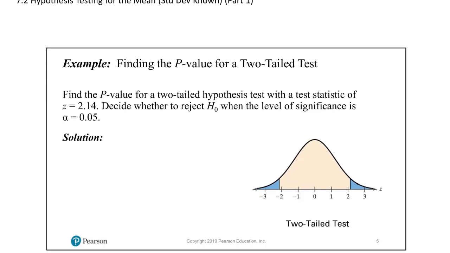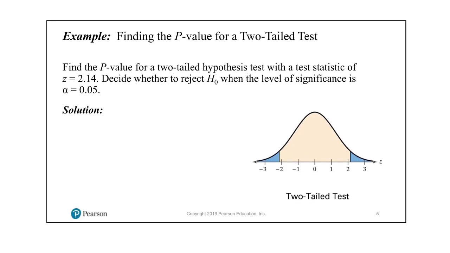Let's do another one. Okay, how about a two-tailed? Find the p-value for the two-tailed test when using z equals 2.14 and decide what to do. Make a decision. All right, so they're telling us z is 2.14, and the other end of this is -2.14. So what I have to do is find one of those two blue areas, and then just double it so that I get both of them together.